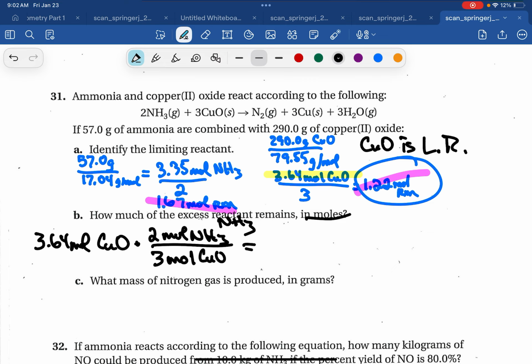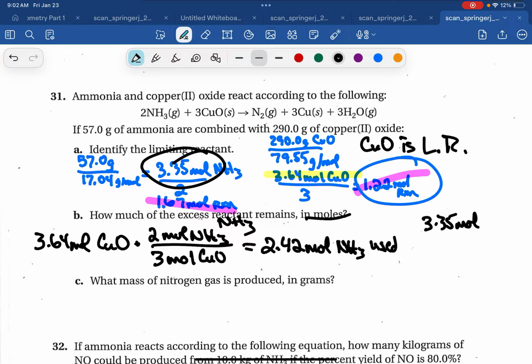And I get a total of 2.42 moles NH3 that got used. How many moles of NH3 did I have? Well, I had 3.35 moles available right here. See that? 3.35. I'll subtract the 2.42 that I used, and I get 0.93 moles remaining. Okay, if we do it the other way, we might get 0.92. Either way, I'm good.